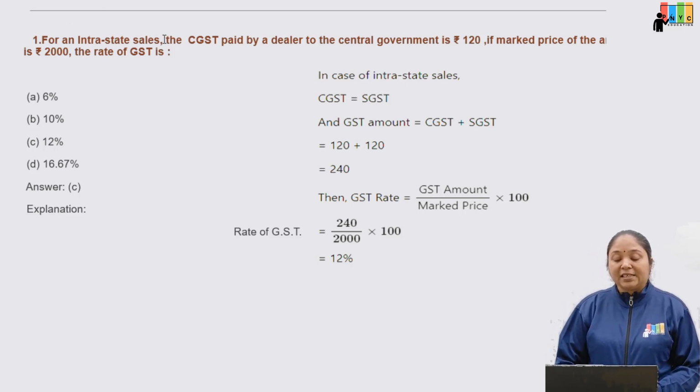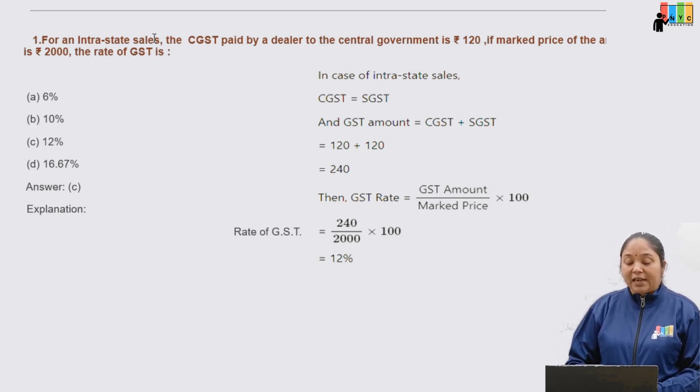For an intrastate sale, the CGST paid by a dealer to the central government is rupees 120. If the marked price of an article is rupees 2000, the rate of GST is?